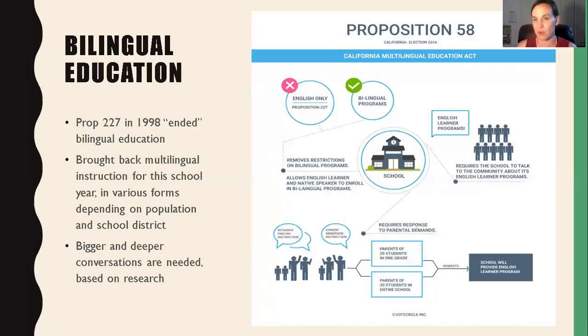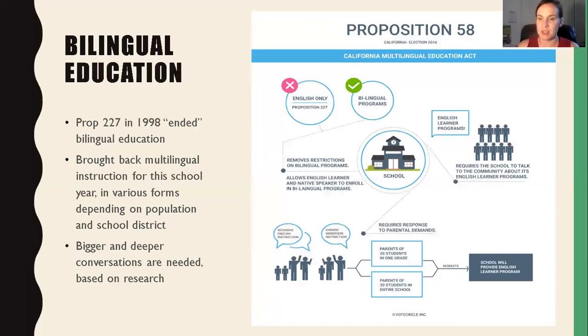If I have a diverse population, which I did in Escondido, I had 6 different languages that we had translated some of our really important materials into. And that was fantastic, and I'm glad we did that. I'm glad we spent the time and the money and the energy on that, because that's really important. But you might not need to do that in other parts of the country. So depending on the population that you serve, even within a school district, can change how this is going to happen.